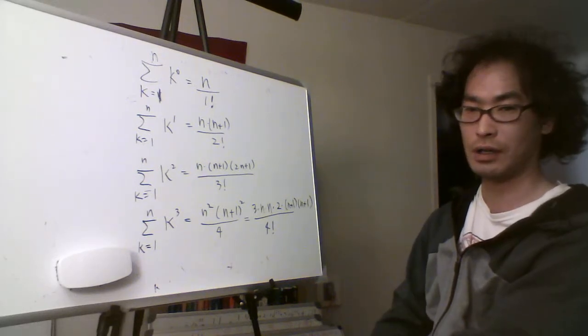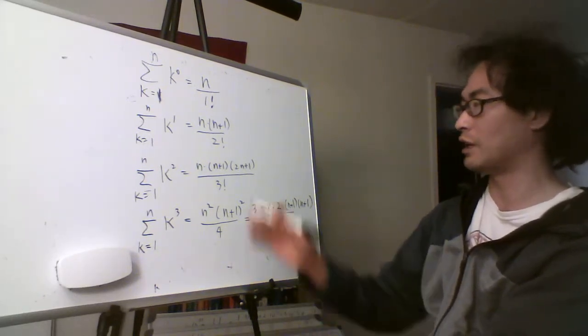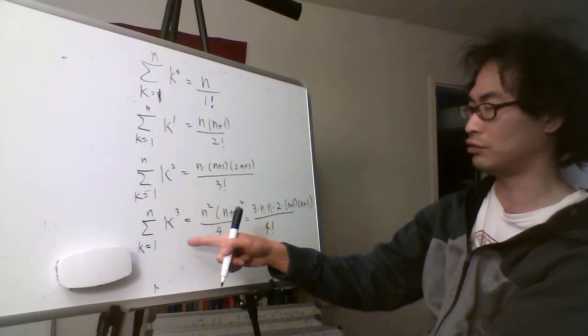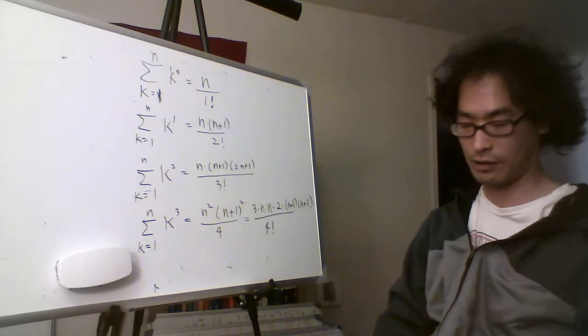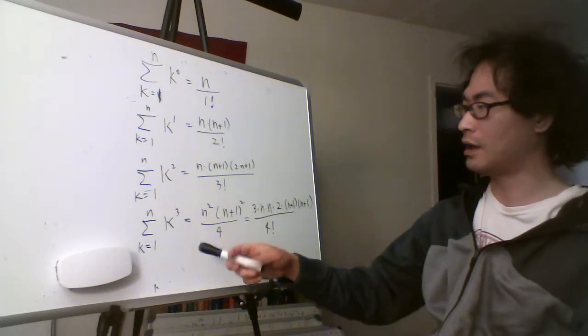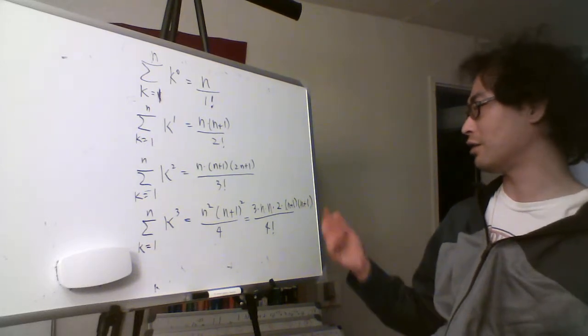We want to find some pattern because we want to generalize this to k to the rth, or k to the mth, or k to the lth. That's what we are trying to do. Can you see any pattern?